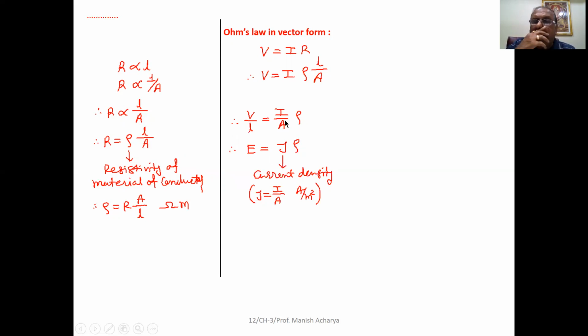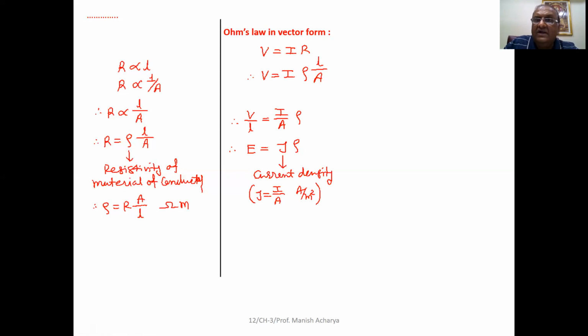I upon A: I is the current flowing through the cross-sectional area, and this current is uniformly distributed over that cross-section. If this current is divided by the cross-section, we get the current through unit cross-sectional area, and that is called current density.